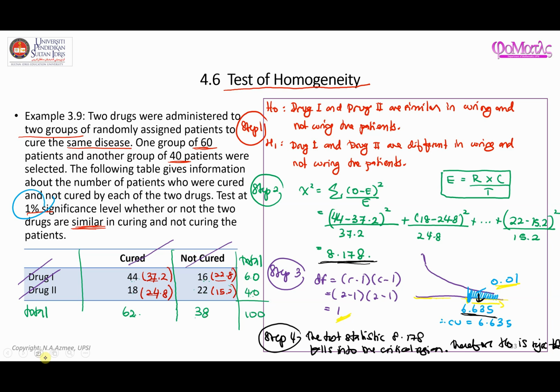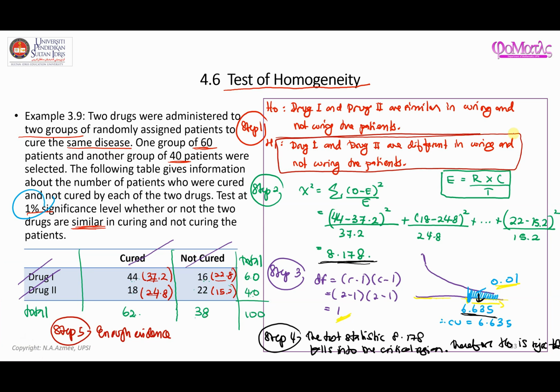Now step 5 is to come up with a conclusion. There is enough evidence to say that drug 1 and drug 2 are different in curing and not curing the patients.